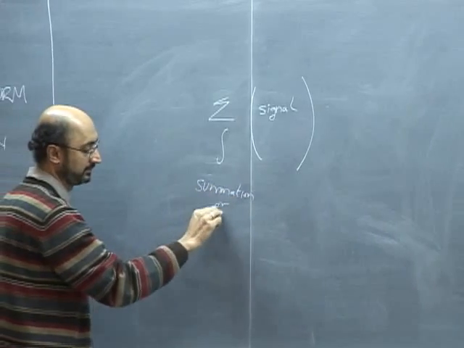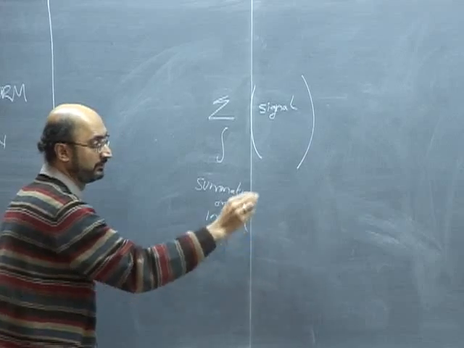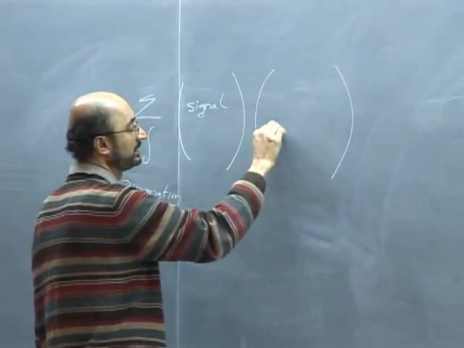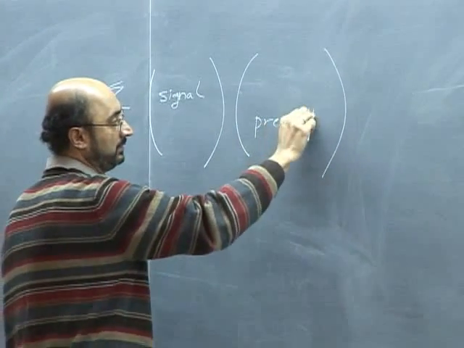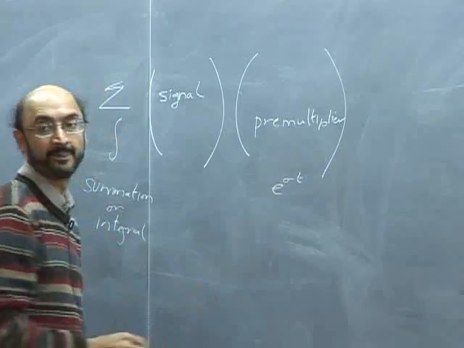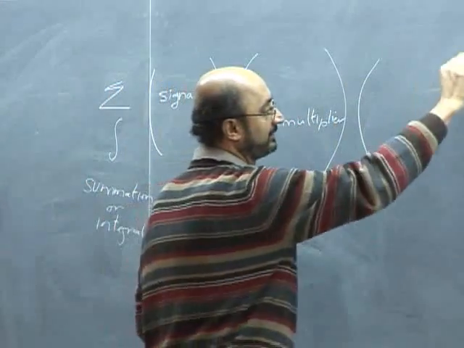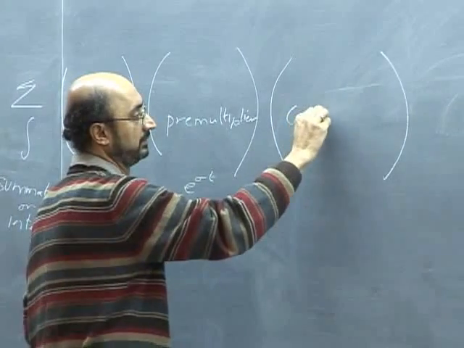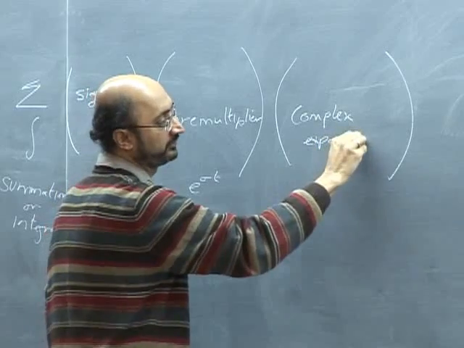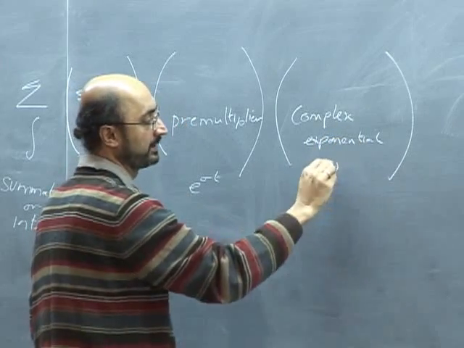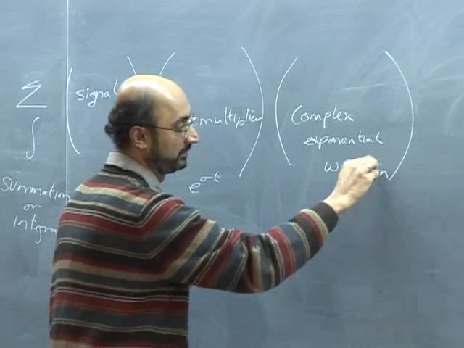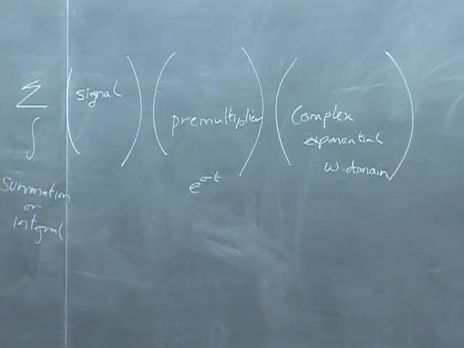We have the signal multiplied by some kind of pre-multiplier, which could be e to the sigma t, and then multiplied by a complex exponential, which corresponds to something in the omega, the frequency domain. This is sort of the anatomy of a transform.